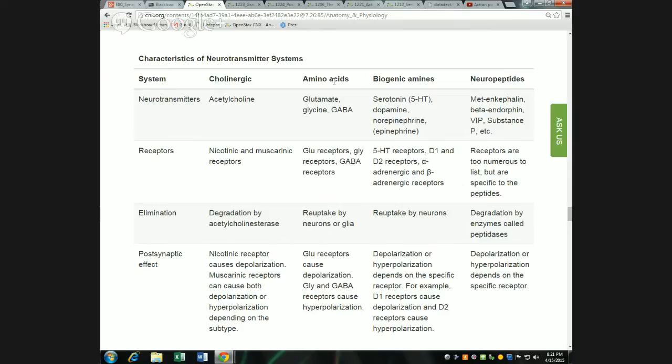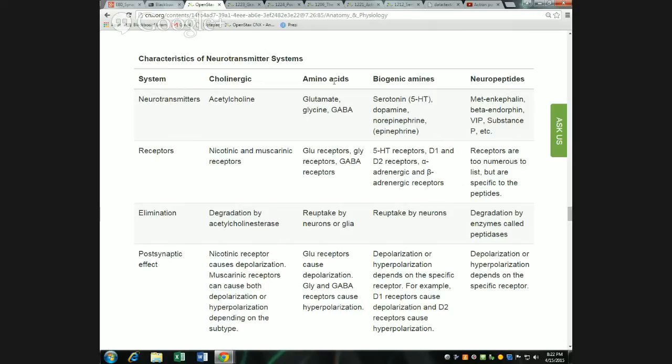So we're actually talking about three different systems, but for each system, we're saying it has one kind of receptor. Glutamate always causes depolarization. Okay? No matter what type of glutamate receptor we're talking about, it's going to cause depolarization. Glycine and GABA, both through their separate receptors, cause hyperpolarization. Now, earlier I said sometimes you hear about excitatory or inhibitory neurotransmitters.